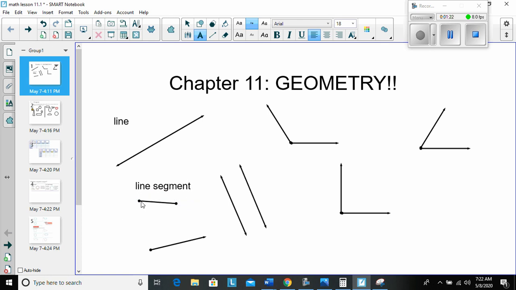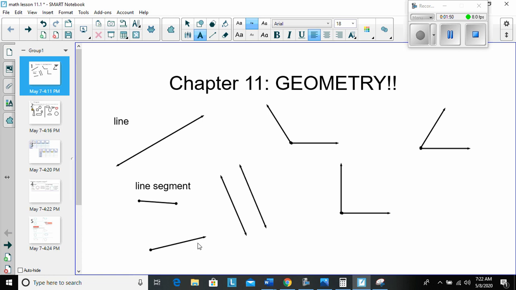So it's kind of like they took a piece of a line and they stopped it on both sides. This is something that we do when we want to measure the distance or the length of a line or a piece of a line. Because remember, a line up here goes endlessly in both directions. Well, when we put an end point on both sides, now we have something that we can measure.